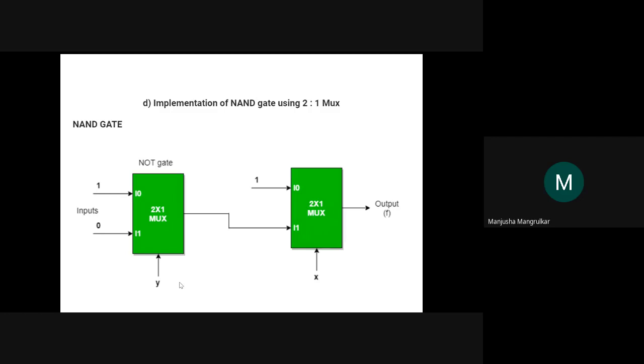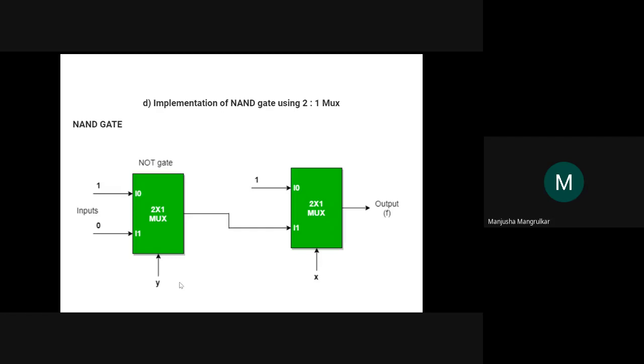implement a NAND gate using a 2-to-1 mux, right? So what is a NAND gate?